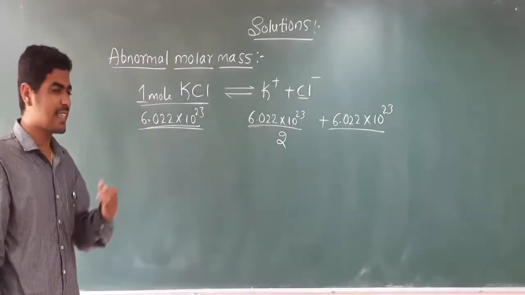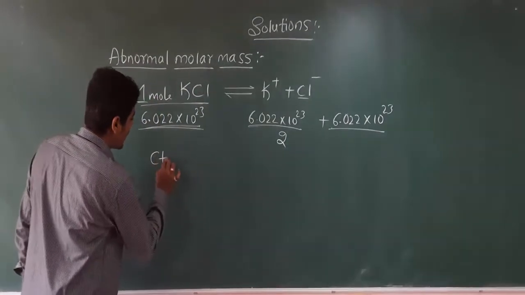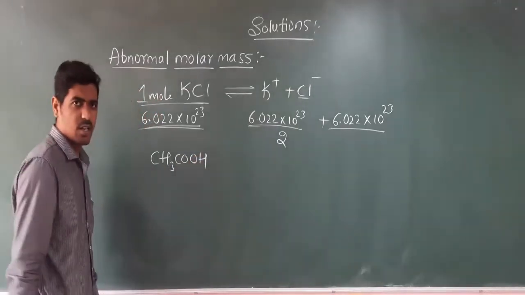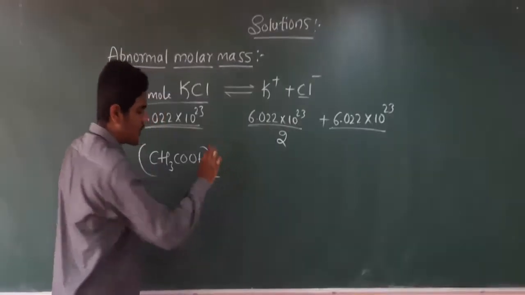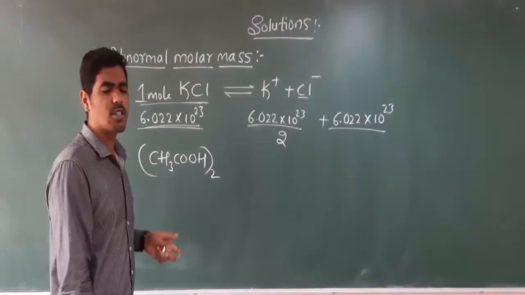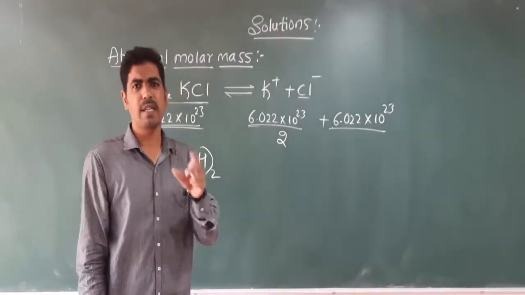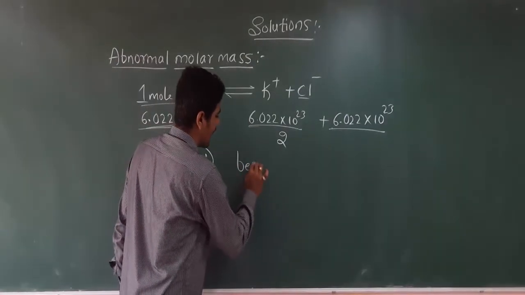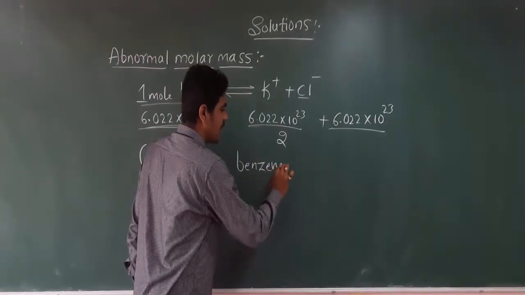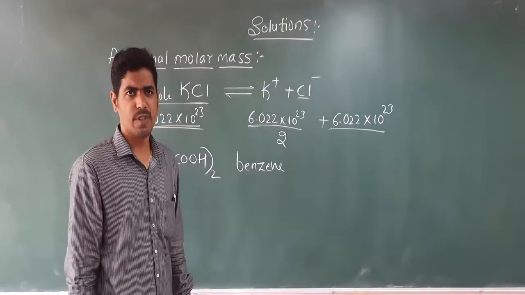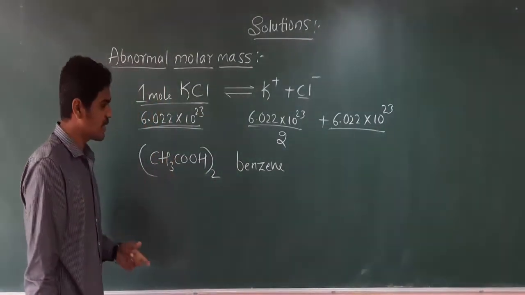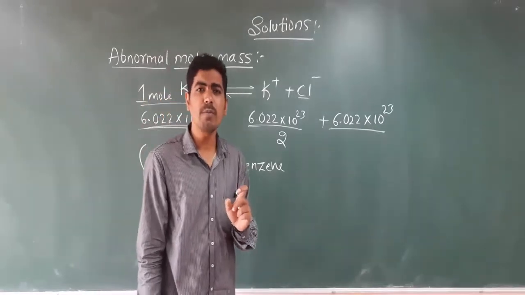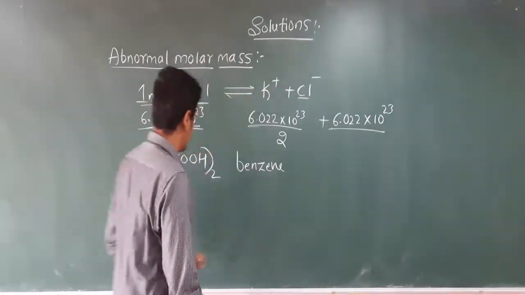Now, take another example: acetic acid, CH3COOH. Two molecules of acetic acid are present. Now, I will dissolve it in benzene, where benzene acts as the solvent. When the acetic acid gets dissolved in benzene, it will form a hydrogen bond.